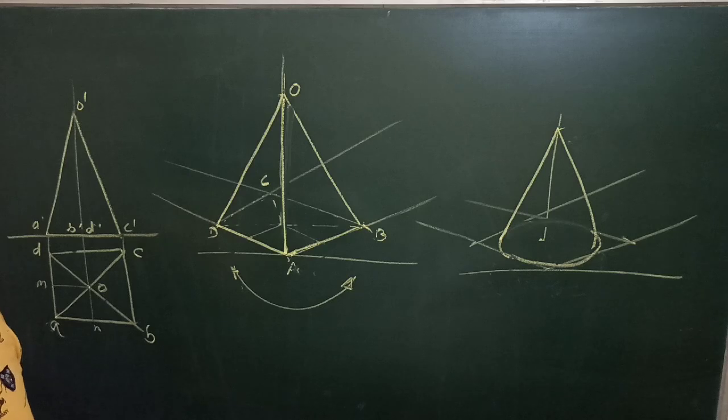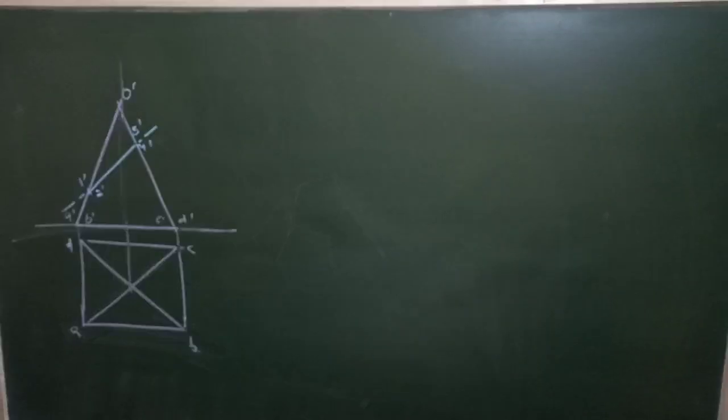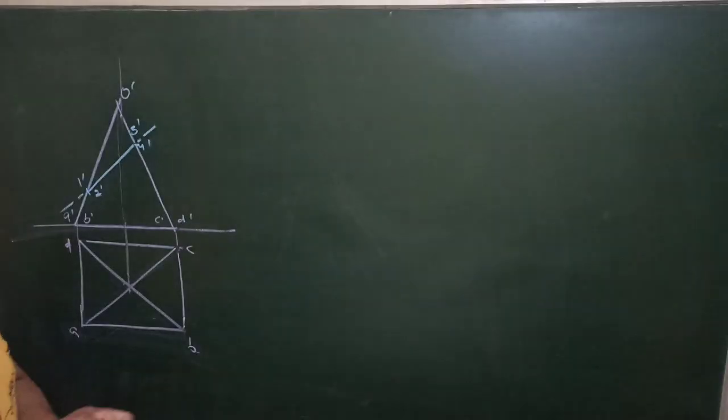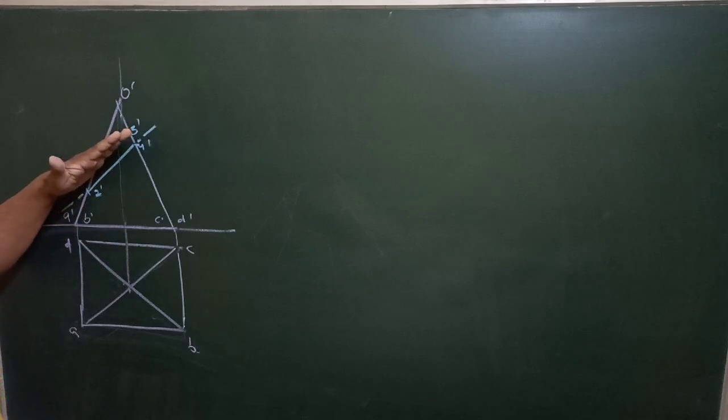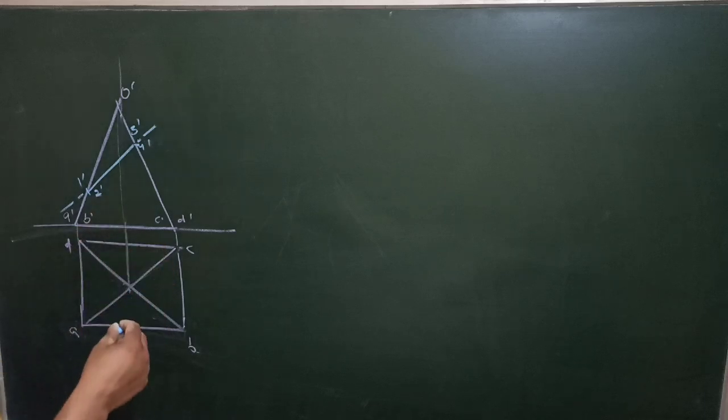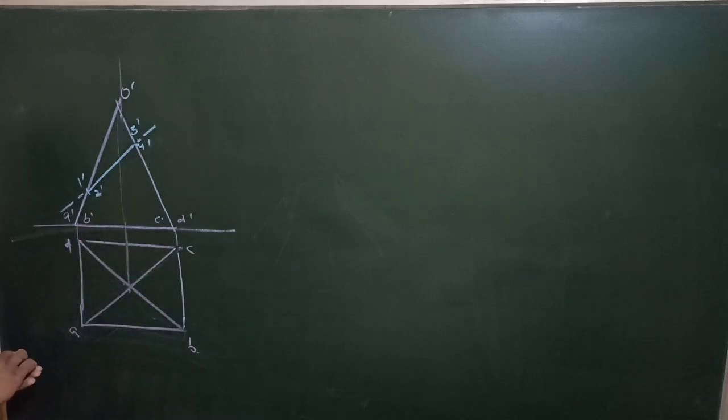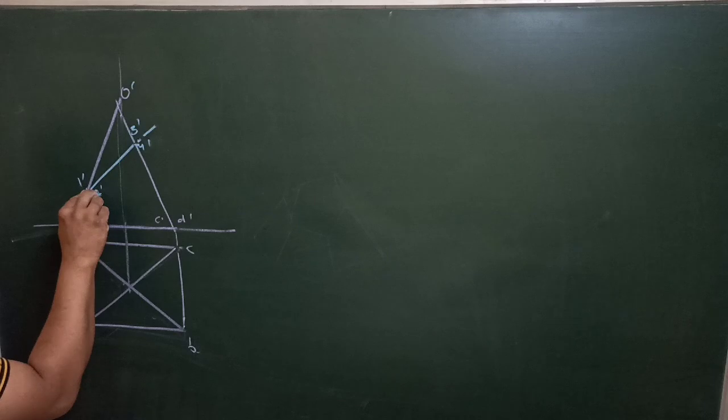Now we come to the isometric projection of frustum and truncated parts of pyramids and cones. So let us have one example of a pyramid which has been cut by a cutting plane in such a manner that we are getting some truncated part. So first we have to draw the sections.